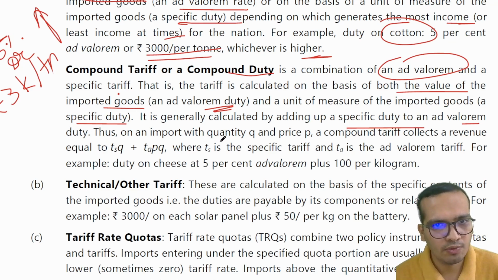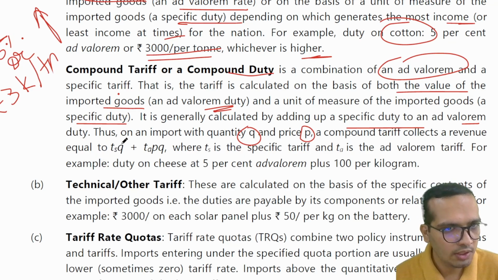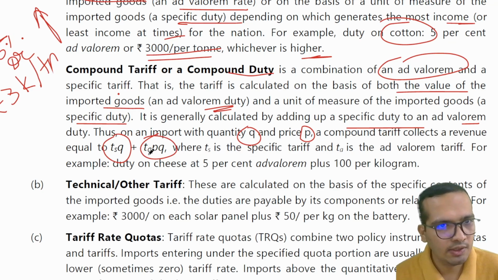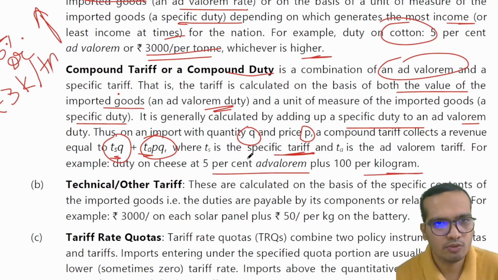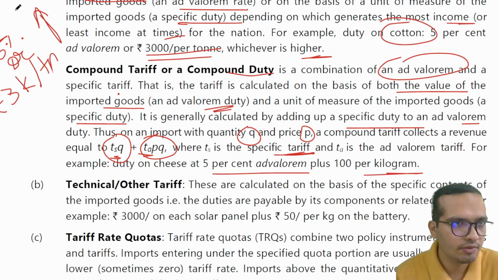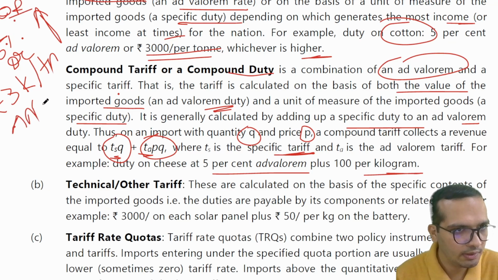Thus, on an import with quantity Q and price P, a compounded tariff collected as revenue equals T_S × Q + T_A × P × Q, where S stands for specific and A stands for ad valorem. For example, duty on cheese is 5% ad valorem plus 100 rupees per kg. दोनों भी है इस पर. ये और ये, दोनों कंबाइन है.